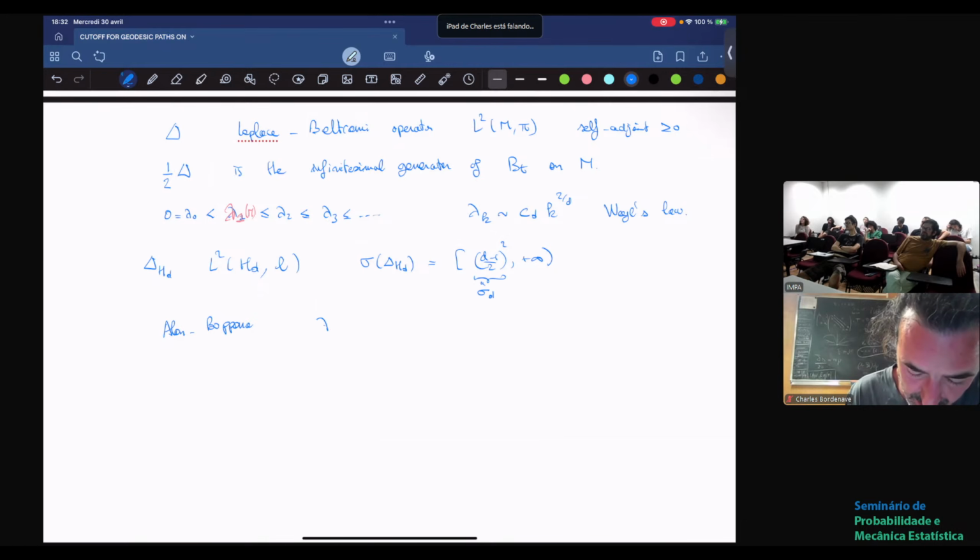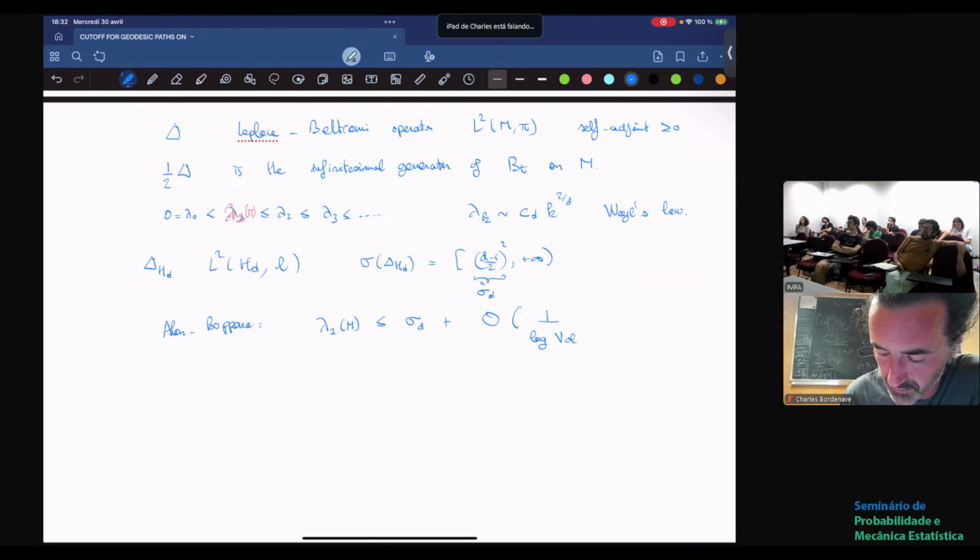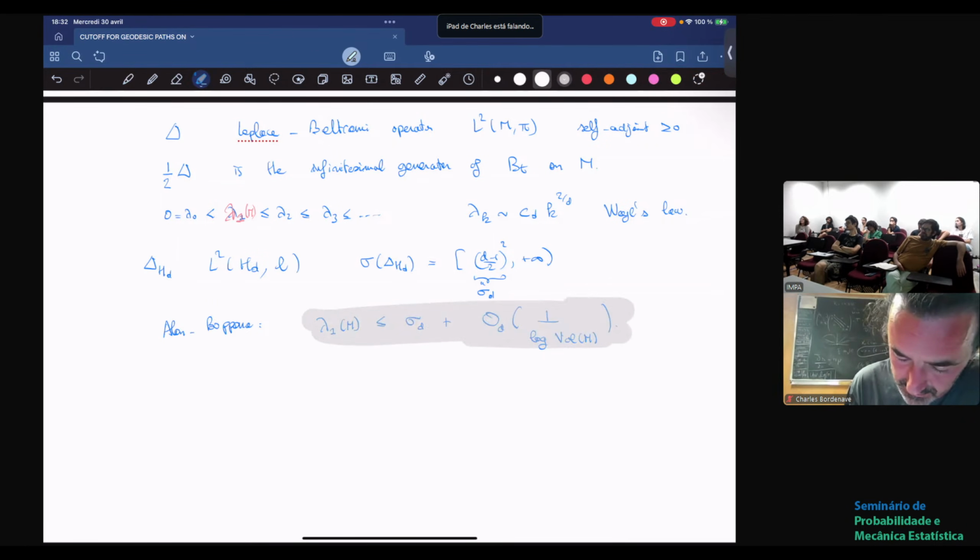Lambda 1 of M is bounded by the leftmost point in the spectrum of the Laplace operator of H^d, plus some correction terms which depend on the dimension and which go to 0 as the log of the volume of the manifold goes to infinity. This is not very hard to prove, but it is a nice fact.